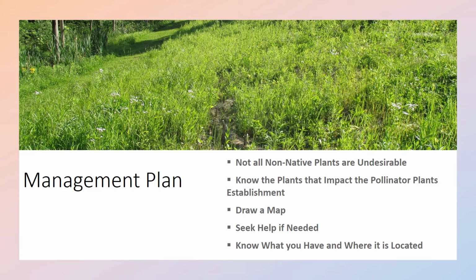So really understanding what you have, and draw a map, because even on small sites you're probably not going to have the same consistent issues all over the project site. Some areas might be a little thicker with undesirable plants, others are going to be thicker with desirable plants. Some areas will be slower to grow anything for a variety of reasons. So drawing a map helps you identify what's going on, and it helps you keep track.